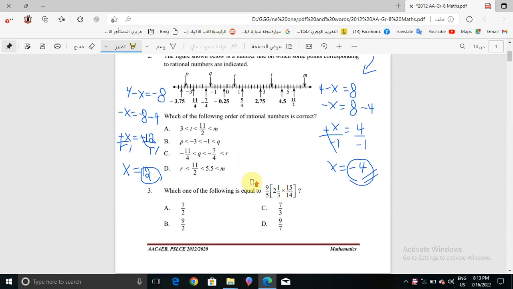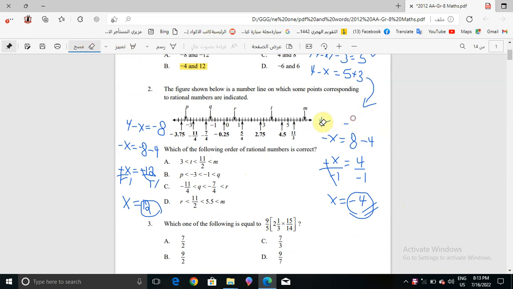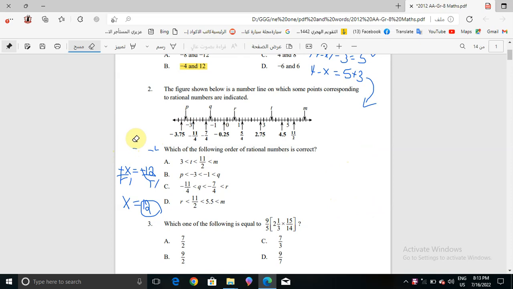Okay, now in question number 2, it is asking: the figure shown below is a number line on which some points corresponding to rational numbers are indicated.